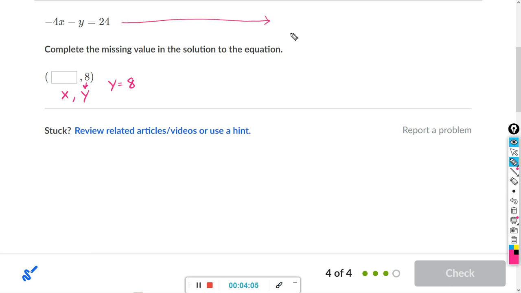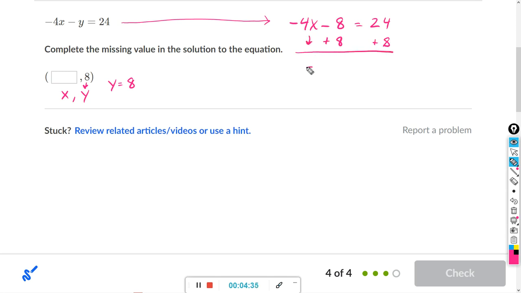We have negative 4x minus y, so it's going to be minus 8 equals 24. Okay, we want the variable or letter on one side, and we want the constant numbers on the other side. So instead of minus 8, I am going to do plus 8. Okay, make sure you do the same thing to both sides.